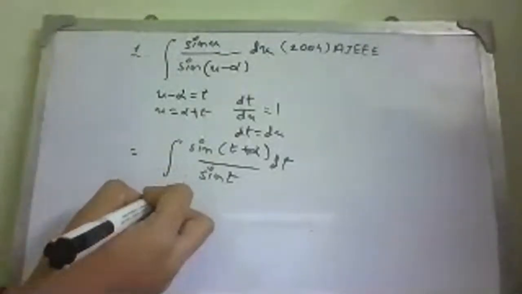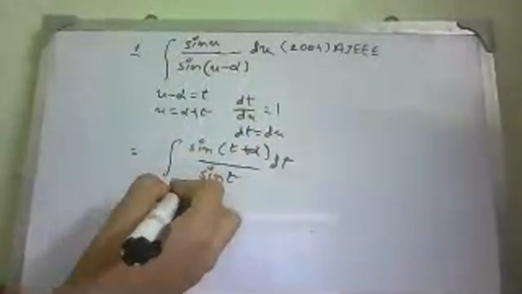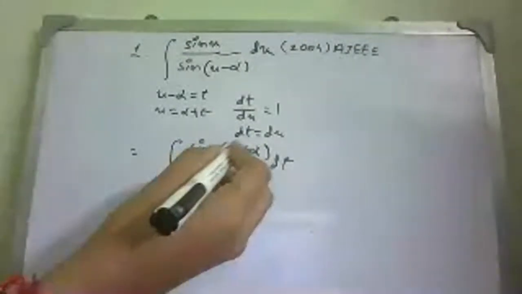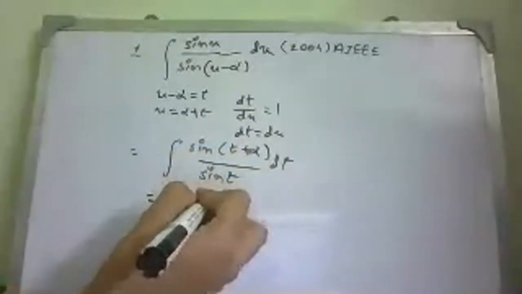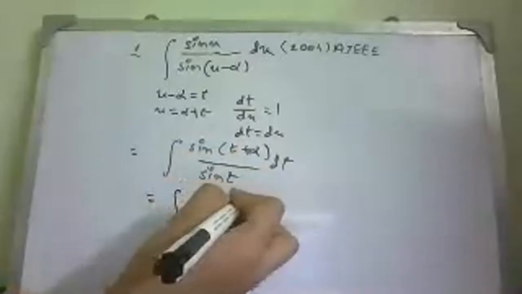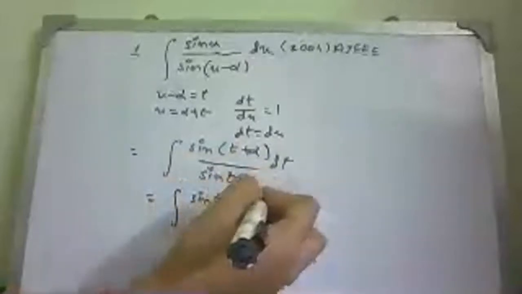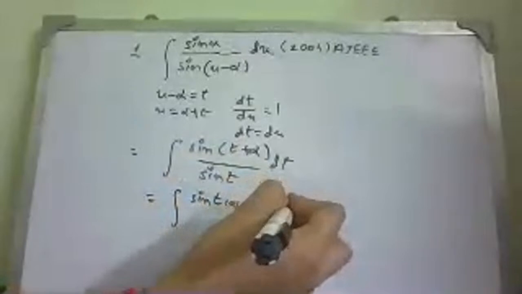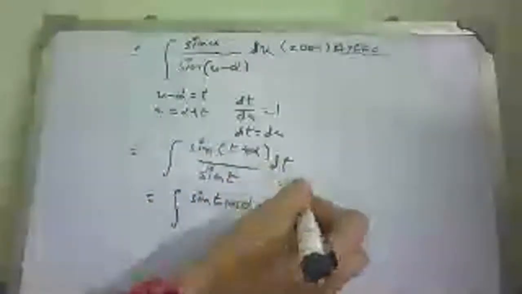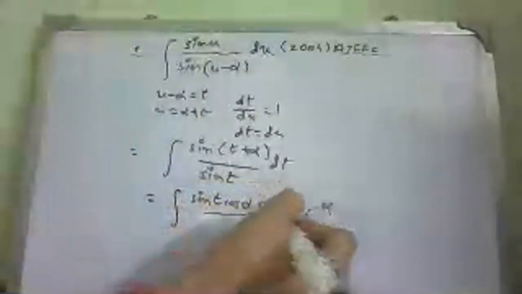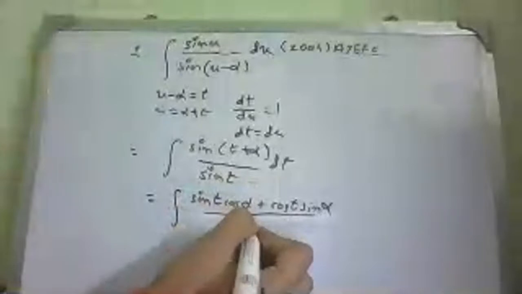Okay, so we can solve this by expansion. Sine of t plus alpha is sine t cos alpha plus cos t sine alpha. In the denominator we have sine t.